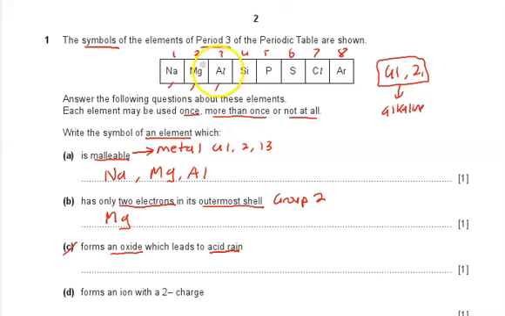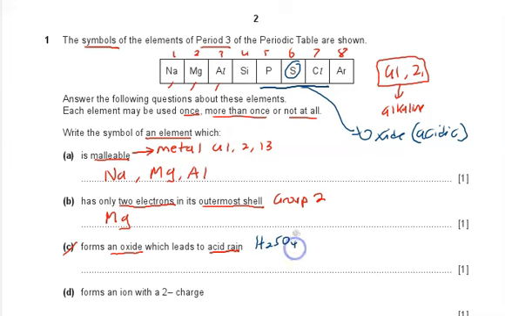When we move toward groups 14, 15, 16 and 17, the oxides are more acidic. If it's acid rain, there will be only one element, which is sulfur, because it will contribute to the production of sulfuric acid. So the answer here is sulfur.